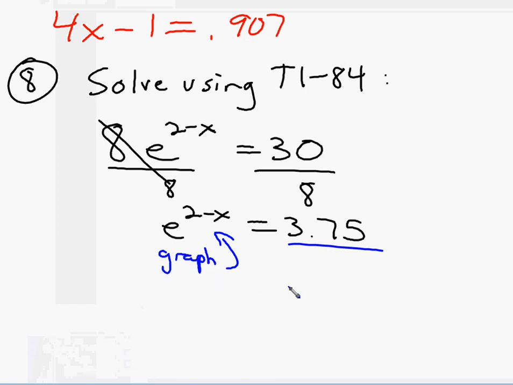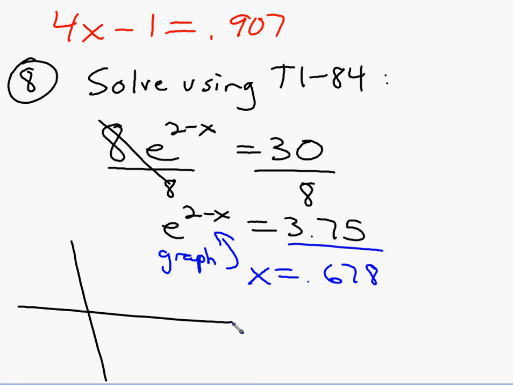So, again, my answer was x equals 0.678, but we found that by graphing e to the 2 minus x, okay? There's e to the 2 minus x.